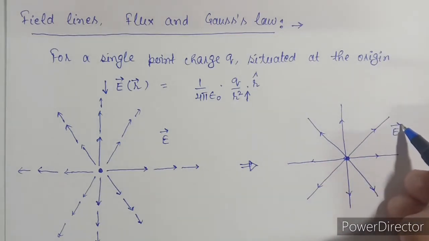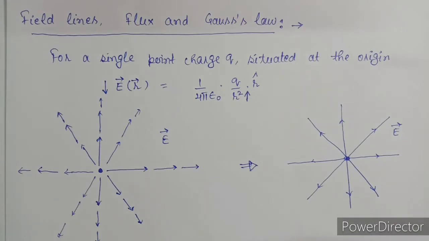But from this figure it seems that some information is missing, that is the strength of the field is missing. But actually the strength of the field depends upon the density of lines.